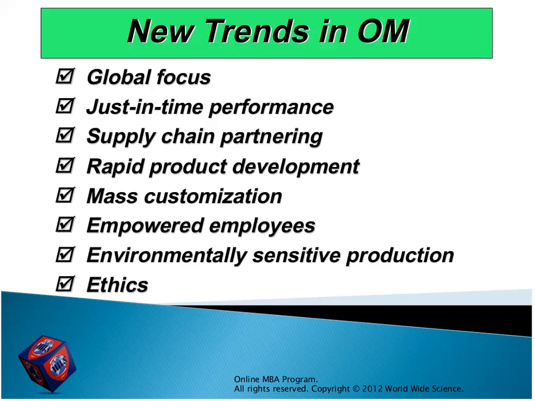Supply chain partnering. Supply chain partnering means when you want to develop your business outside the country, you should choose the best partners. You should choose the best suppliers. For example, the main company has been located in Afghanistan, okay?